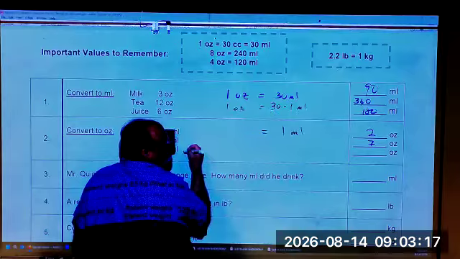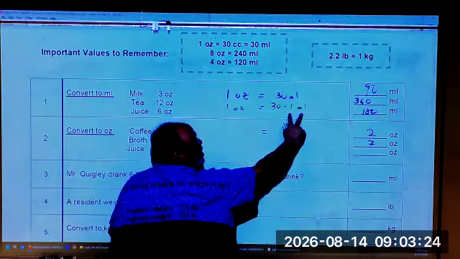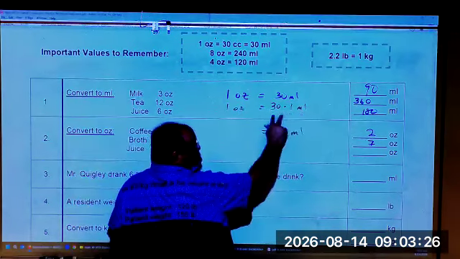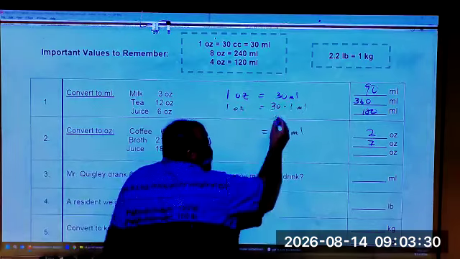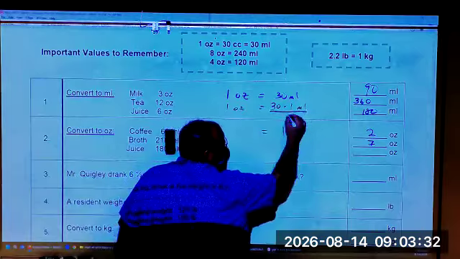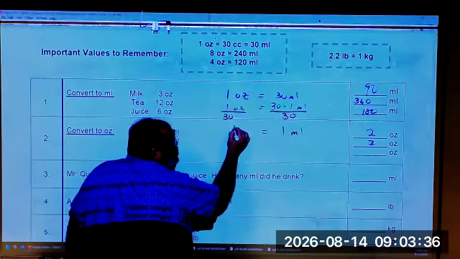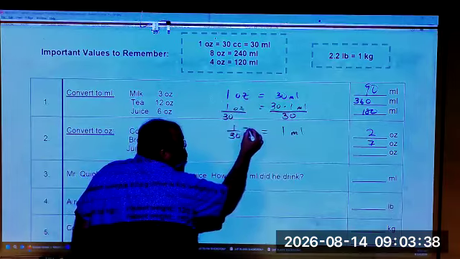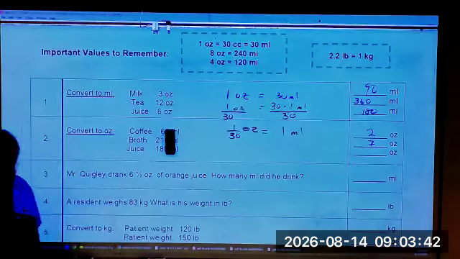Divide by what? 1 milliliter is being multiplied by 30. So if I divide both sides by 30, 1/30th of an ounce is equal to 1 milliliter.